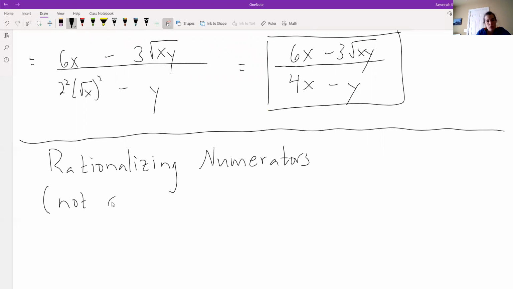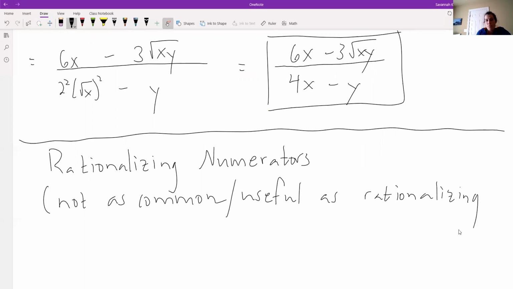So I'm just going to put a note that this is not as common or useful as doing the same thing to denominators. So if you do it now and then you don't really see it that much in the future, don't be surprised.